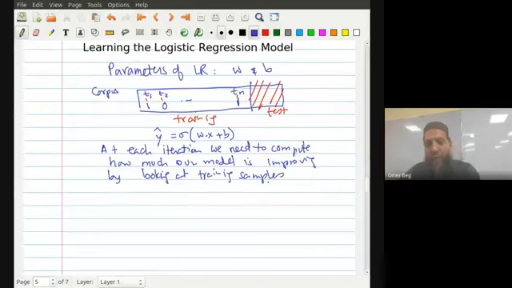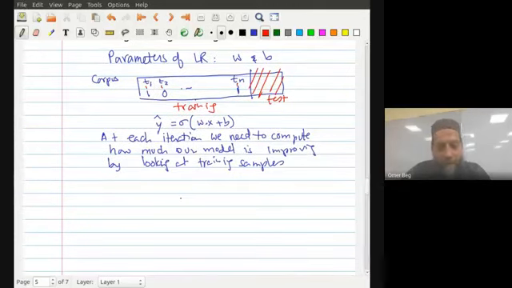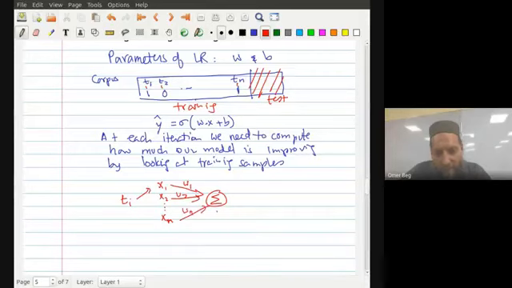Let me redraw this a bit. I have the document T, let's say T of I, and I convert it into its features, let's say X of N. Then before sending this to summation, I multiply each feature with some weight, so W1 for X1, W2 for X2, Wn for Xn.